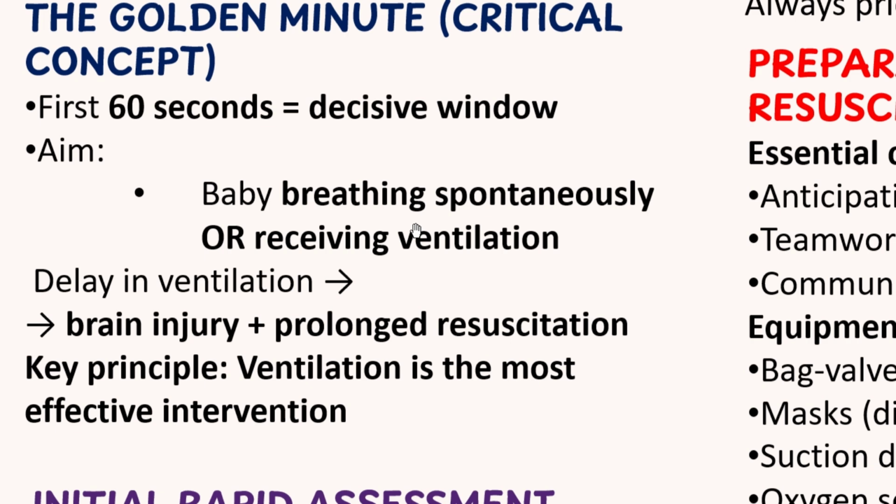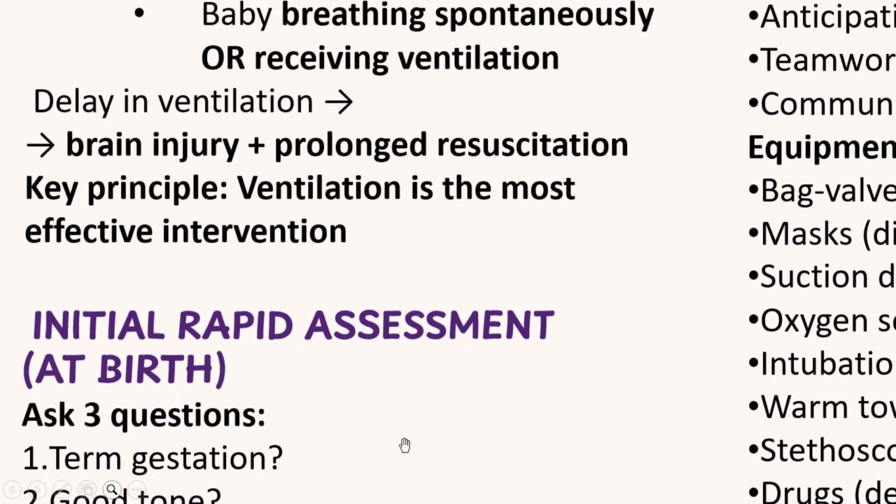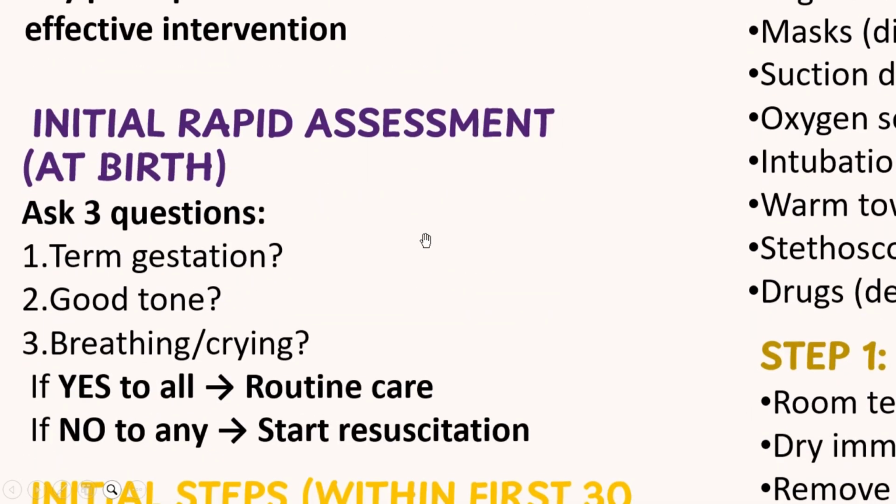When you delay ventilation, you're going to have issues arising like brain injury, and prolonged resuscitation also increases the chances of this child developing more and more complications, things like HIE, hypoxic ischemic encephalopathy, and the sort that eventually may lead to long-term brain injury that develops into cerebral palsy.